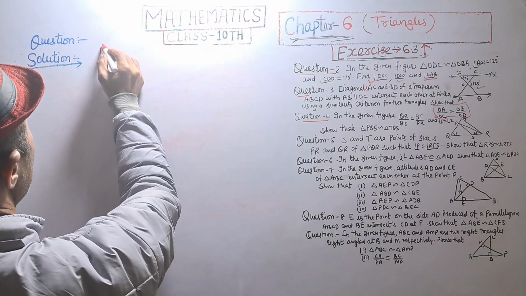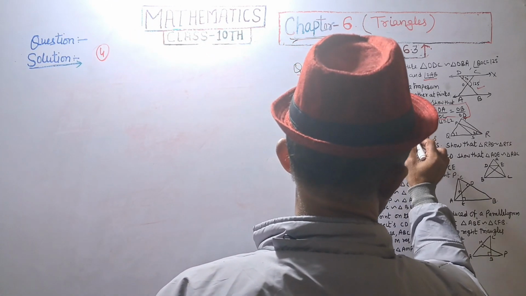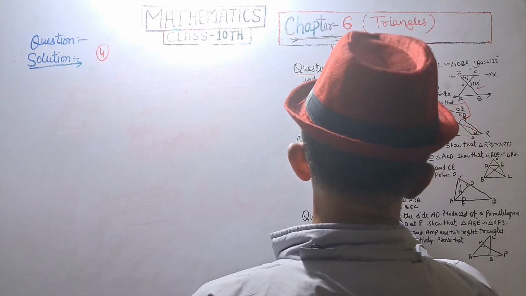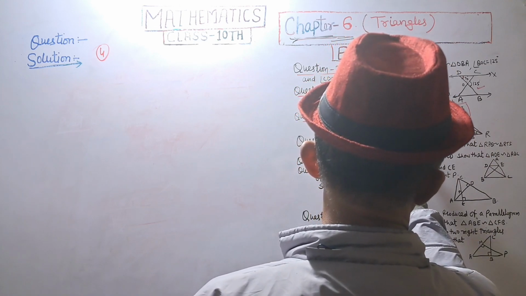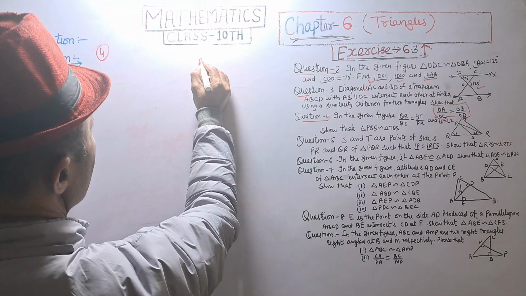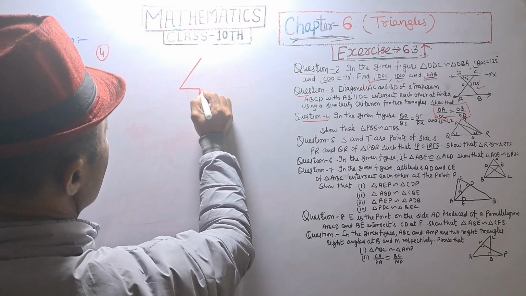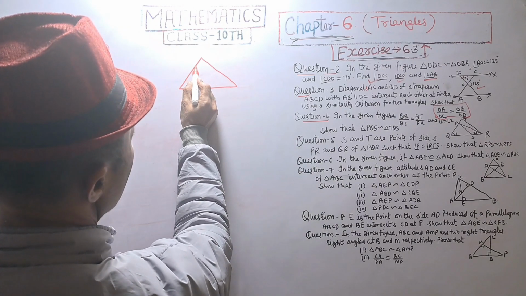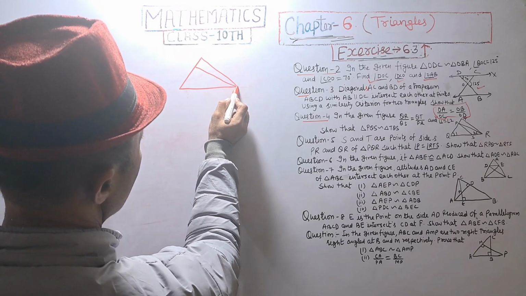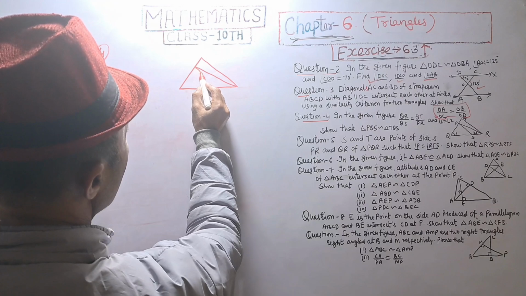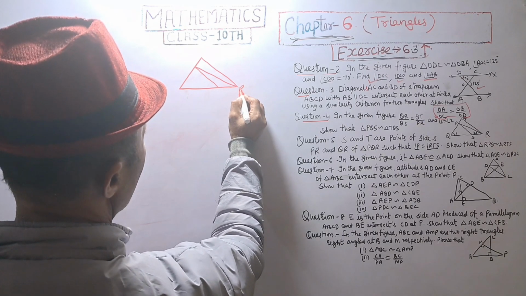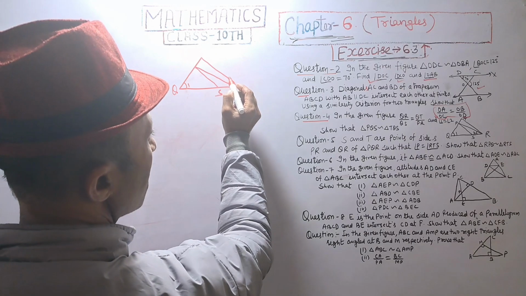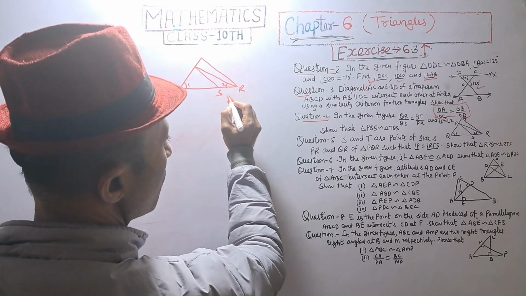Question number 4. In the given figure, QR upon QS equal to QT upon PR and angle 1 equal to angle 2, show that triangle PQS is similar to triangle TQS. Given angle 1 and angle 2, PT.